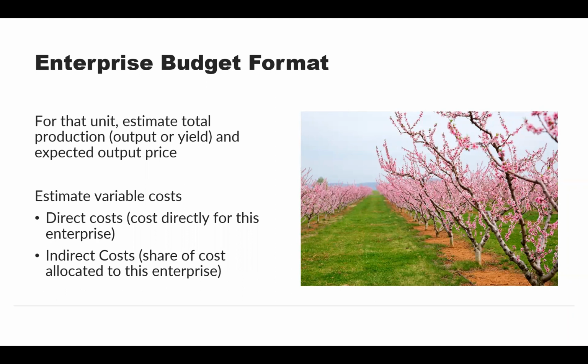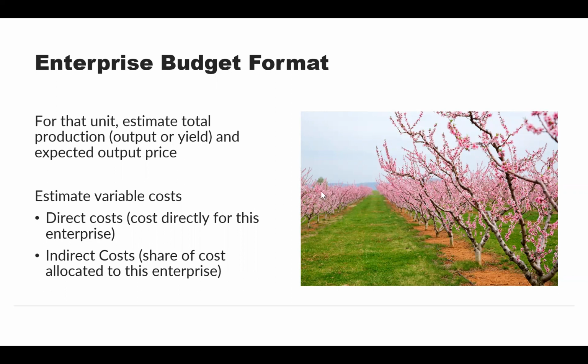On the other hand, if an expense is really large and likely to have an impact on the profitability of the enterprise, and I think labor in fruit and vegetables is a really good example of that, then you really do need to take more care in allocation when you're doing an enterprise budget. Identifying ways to track time per enterprise, even for a season or even for a few representative weeks, can give you a better handle on how your enterprises differ in their contribution to overall profitability of your farm.